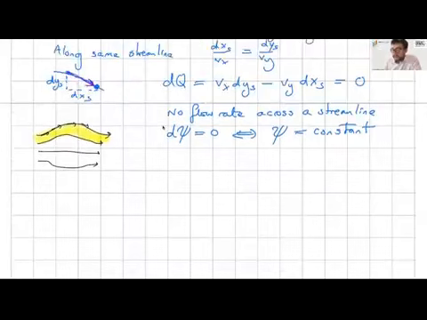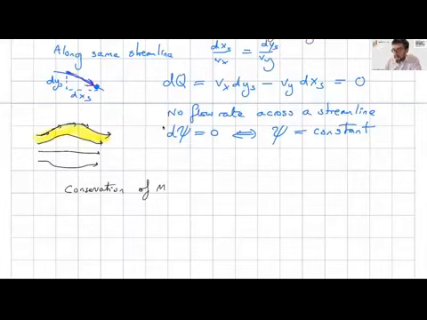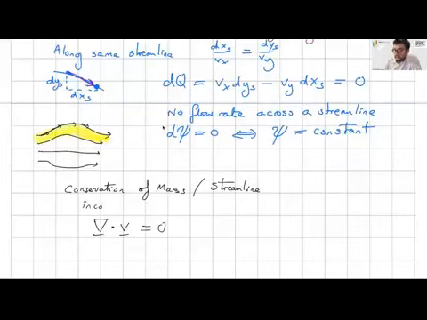Now we can tie that into something that we've done in class today, where we talked about conservation of mass and its connection to the streamline. And in particular, we saw that conservation of mass corresponded to del dot V equal to 0 for the particular case of an incompressible flow.